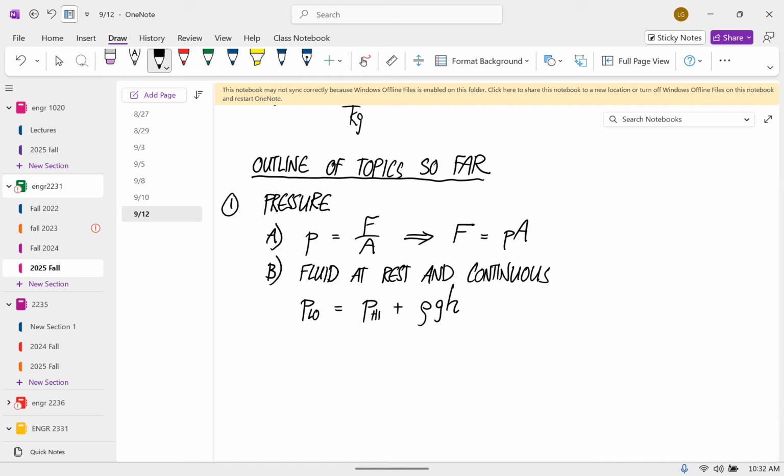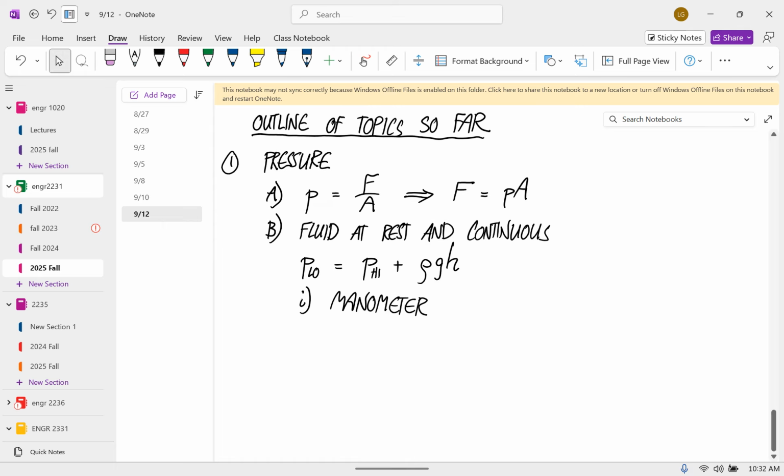And we got two things from this. We talked about manometers. And we talked about barometers. And both of those equations are just derived directly from the equation above that.